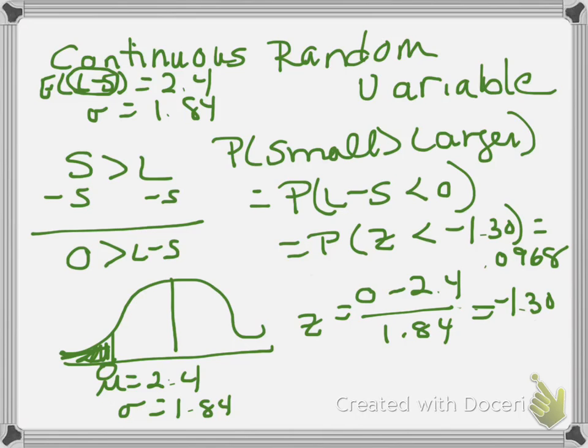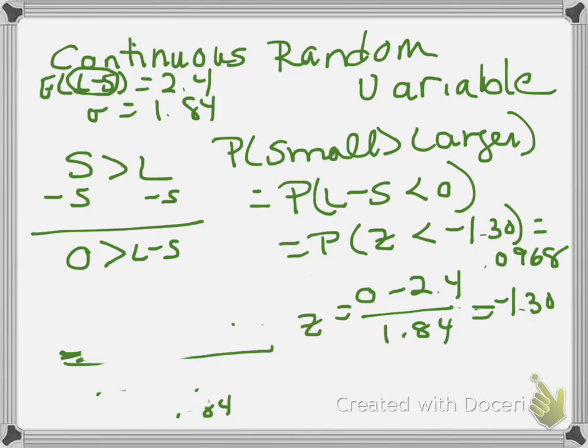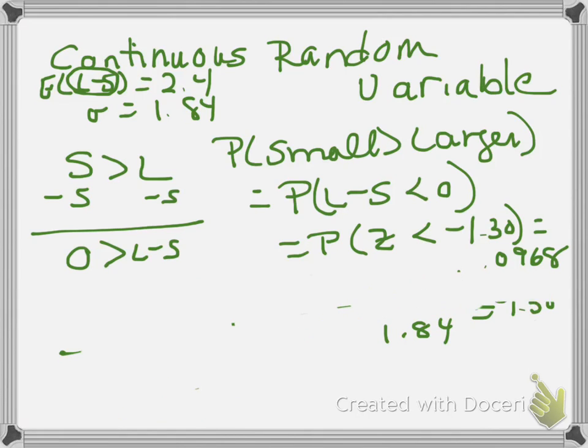All right, so that's the math that I did, and now I'm going to write my answer. My answer is a sentence. My answer is not 0.0968 or 9.68%. It is a sentence. We are now at the point where we have to write sentences.